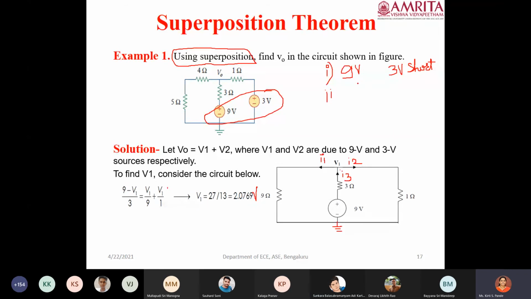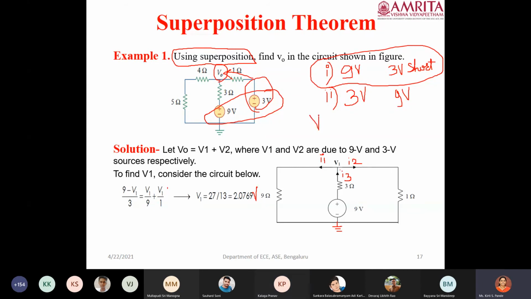So when you are finding the first case, that means you are finding the effect of 9 volts at this node voltage. When you go ahead with the second case where 3 volts is acting and 9 volts is short circuited, that means you are finding the effect of 3 volts on this node voltage. So as an overall circuit, what is my conclusion?